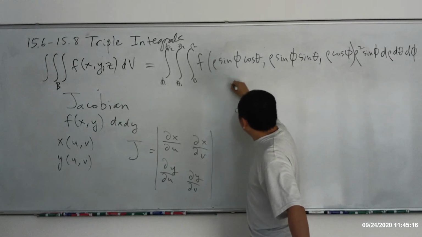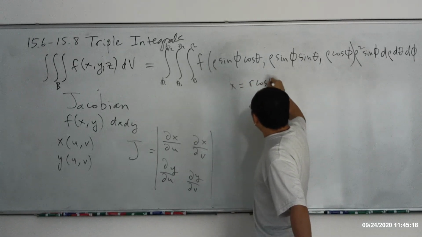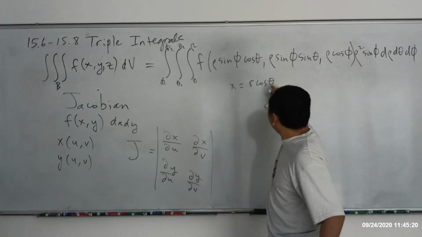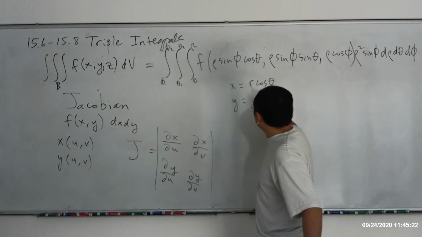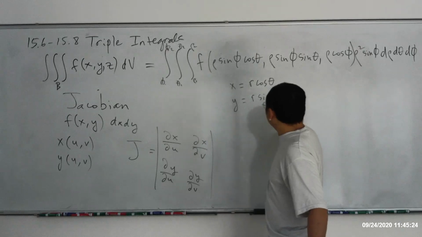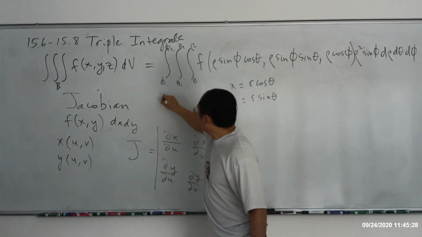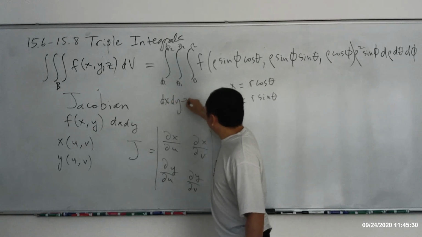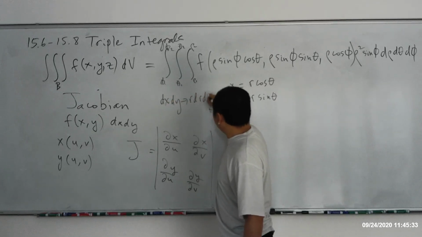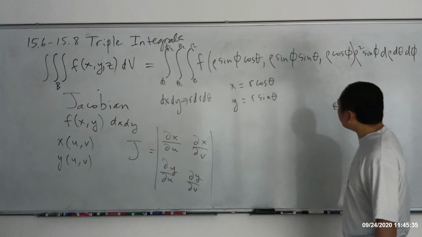I've got x equal to r cosine theta, so u is like r and v is like theta, and y equals r sine theta. I'm trying to convert from dx dy to r dr d theta, and here's how it works.